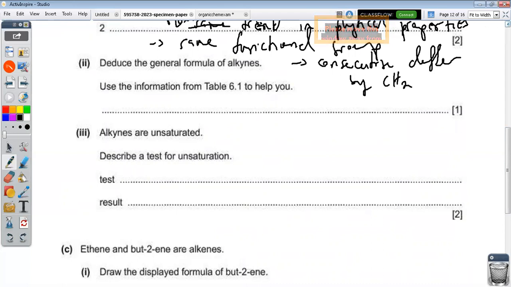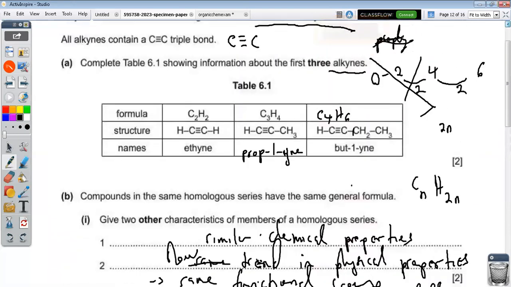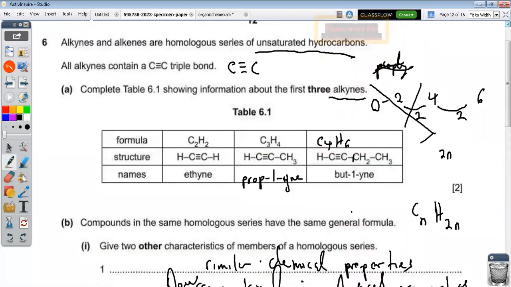Okay, let's go back to the table so that you think from the table. CnH what? What if we say CnH2n minus 2?